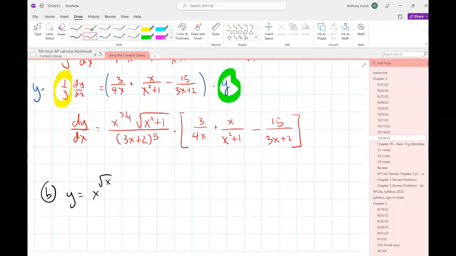Is this exponential? No, not really, because the variable is in the base. Is it polynomial? No, not really, because there's a variable in the exponent. This is like some weird thing where none of my rules for doing derivatives really apply here, right? Everybody agree?